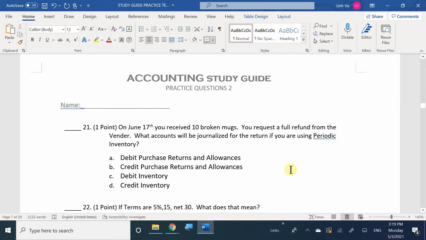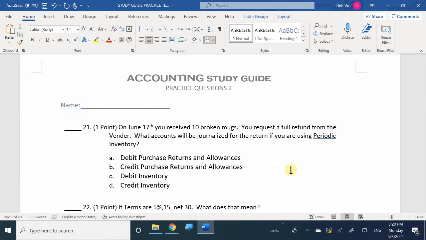Okay, so then on June 17, you received 10 broken mugs and you requested a full refund from the vendor. What account will be journalized for the return if you are using the periodic inventory method?